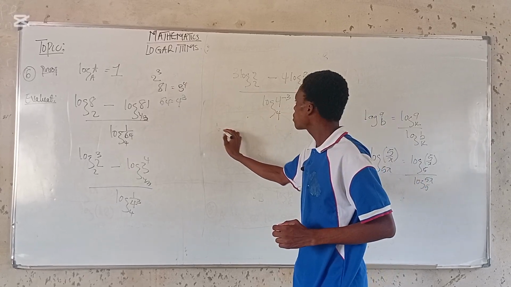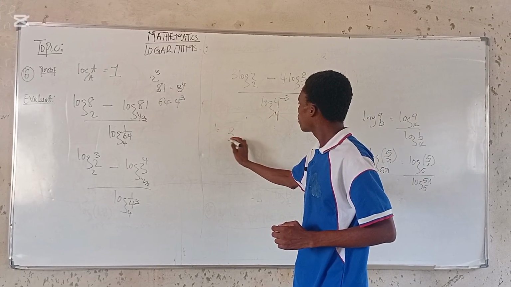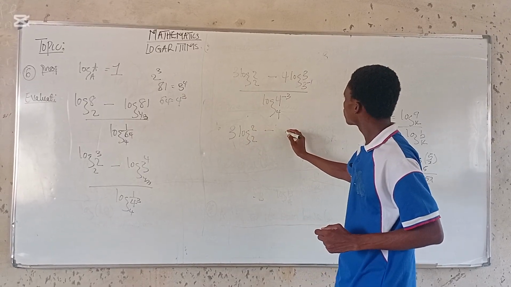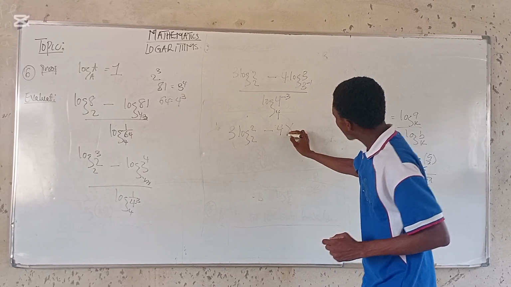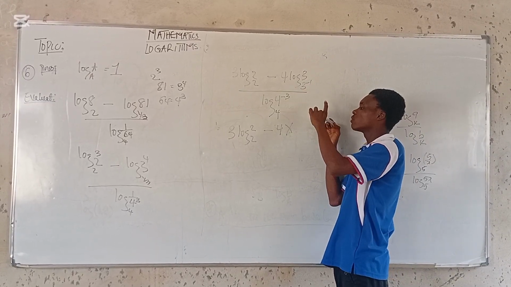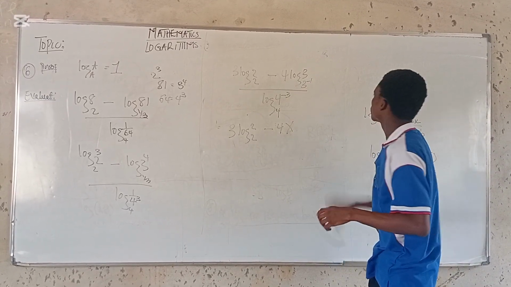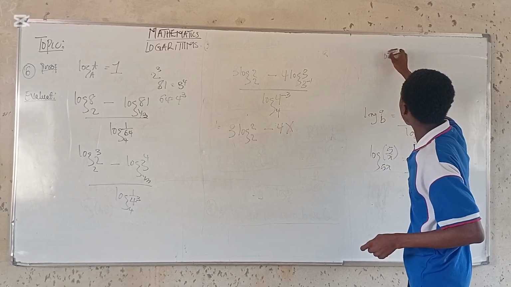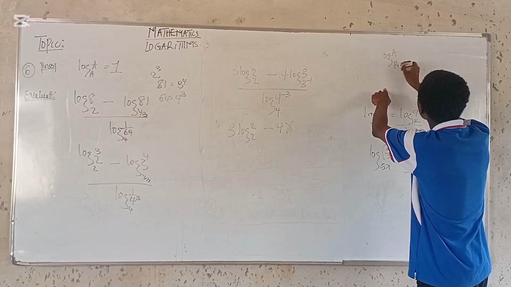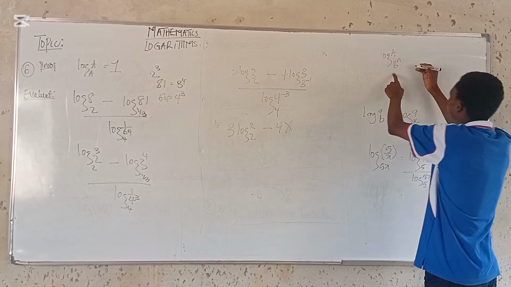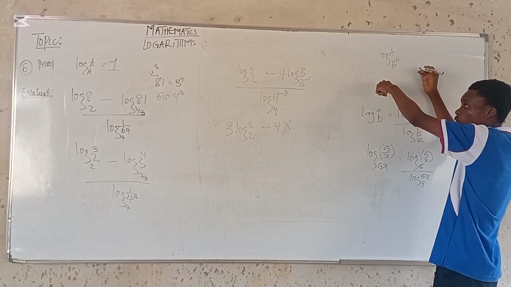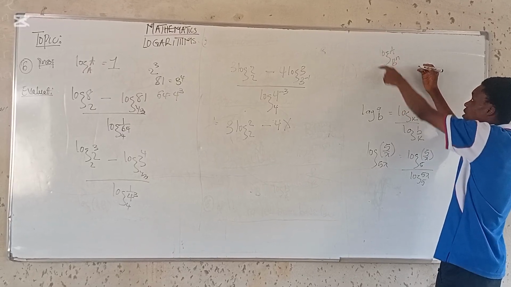Let's go. From here we have this equals 3 log 2 base 2 minus 4 times. Now from the base power law, we say that when the base here is raised to a power, if we have log b base n, the reciprocal is required.